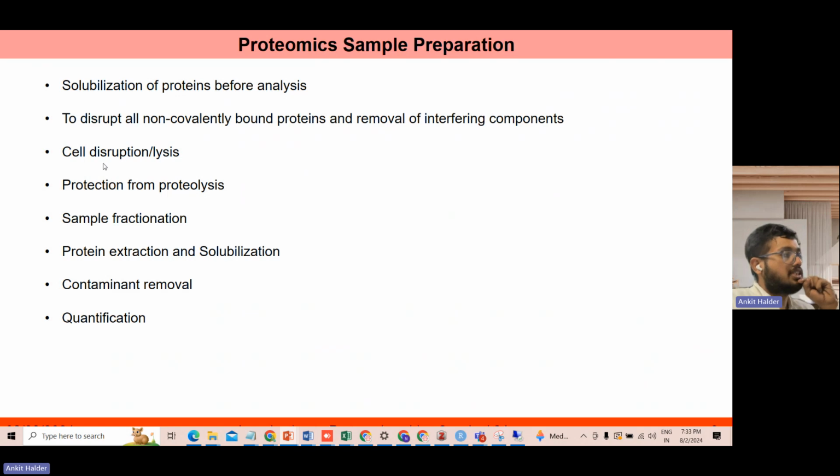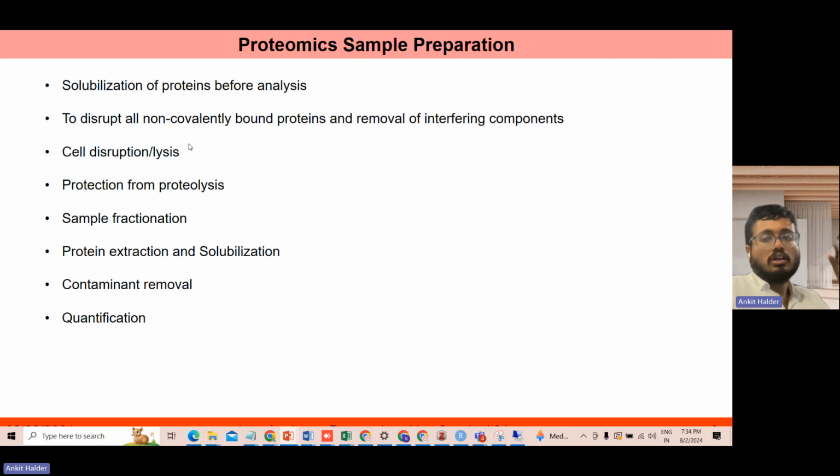Next is cell disruption or lysis. This is again a very important step, because each and every cell is composed of different constituents. As I mentioned, bacteria will have a different composition, with the bacterial cell wall, a plant cell will have a different composition, and an animal cell will have a different composition. So the disruption and the amount of force or pressure required differ.